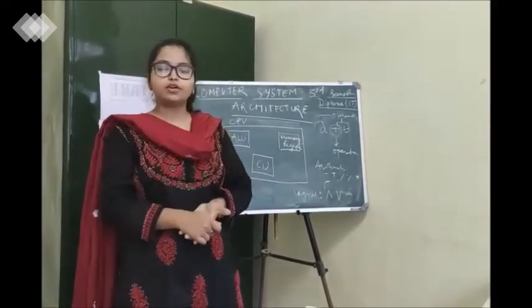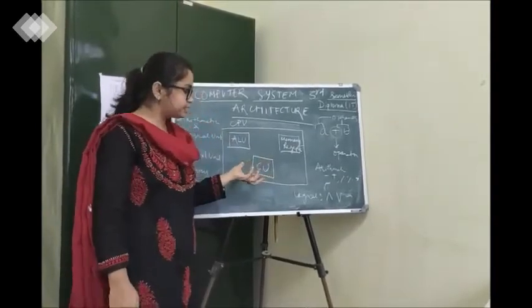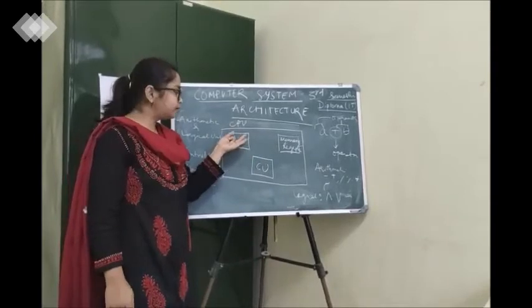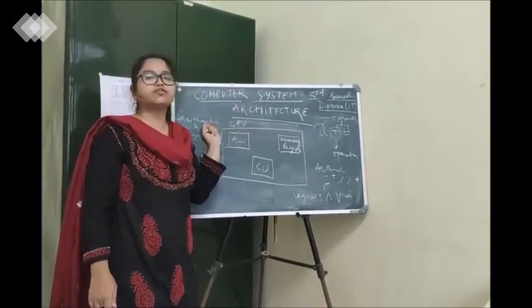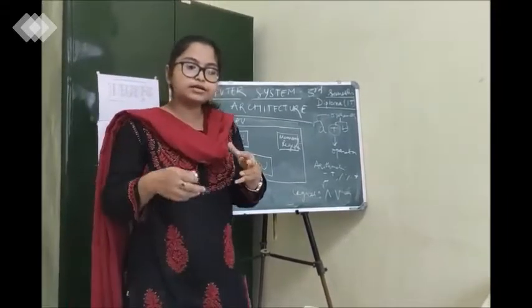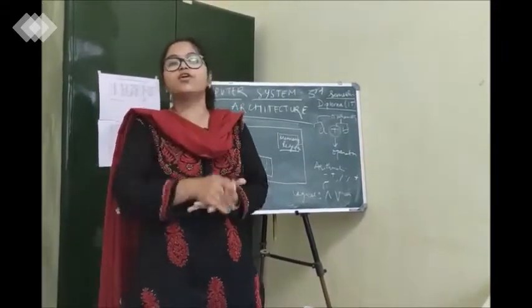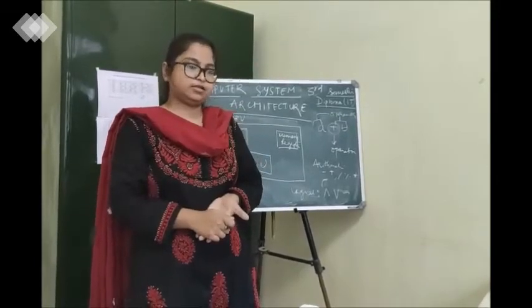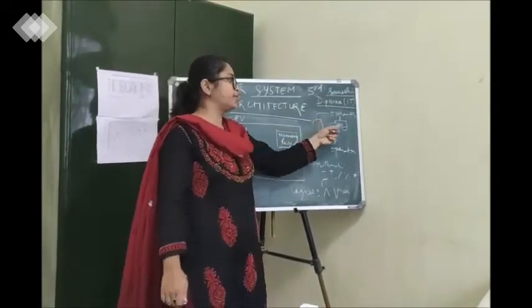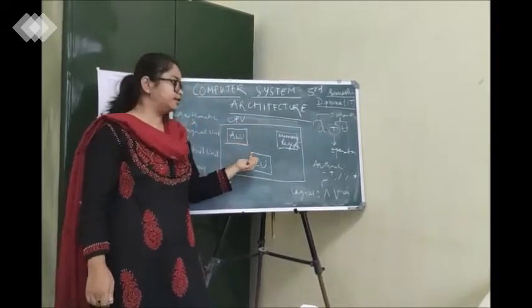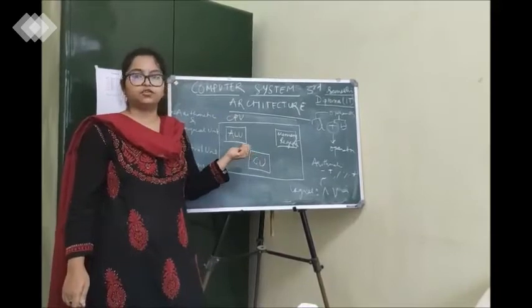Now coming to the CU, the control unit. The job of the control unit is that it takes the signals and determines the action of the ALU. So what does the control unit do? The control unit controls the working of the CPU. When the addition has to take place, when we have to store A and B in registers, how to add them, when to add them, it is all decided by the control unit.